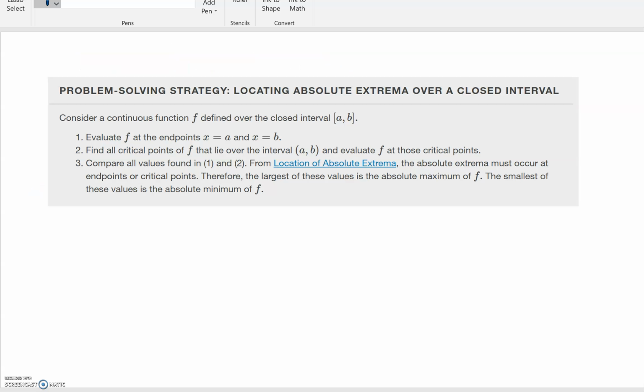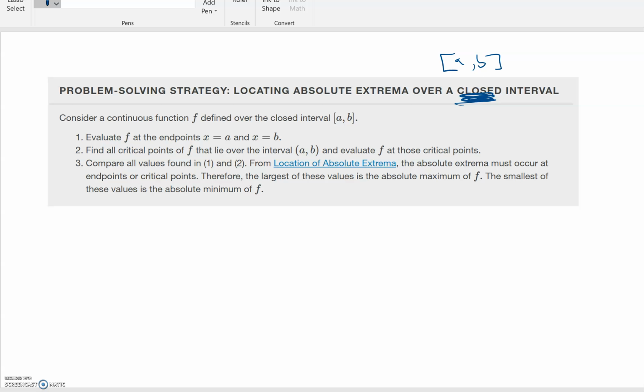Okay, so let's sort of recap where we are. The big results from 4.3 and then the beginning of 4.5. The first thing is what you see here. How do you find absolute extrema over a closed interval? And that's very important that we're talking about a closed interval [a, b], right?